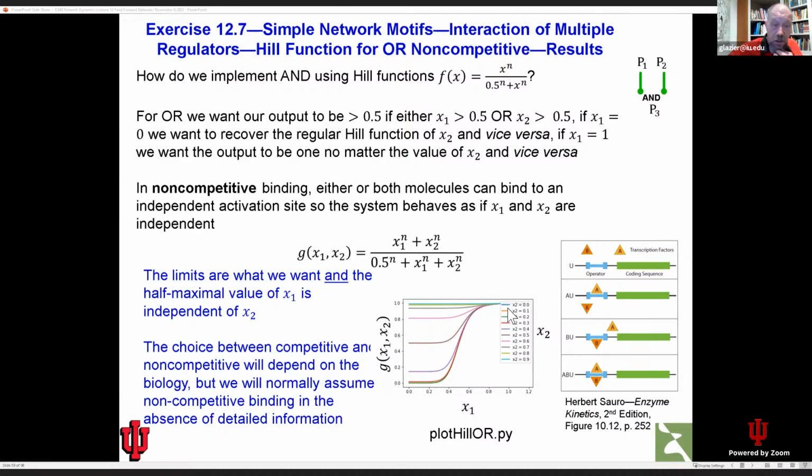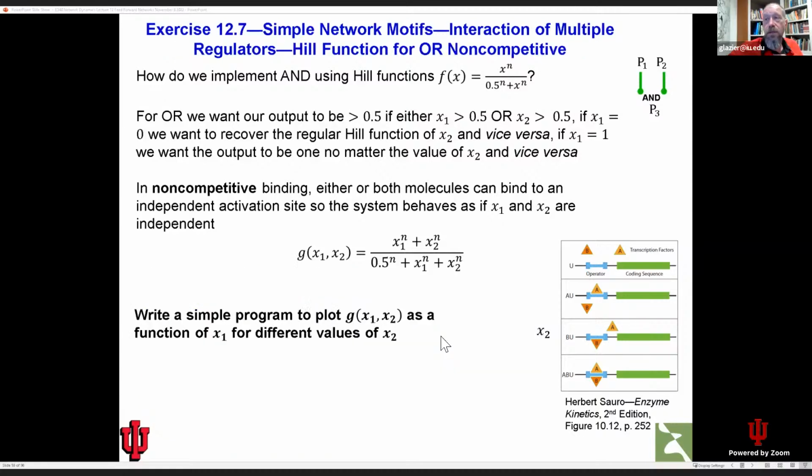The maximum value is always 1. But the minimal value now gets shifted. In this case, the value at 0, for small values of x1, depends on x2 and gets shifted up. For large values of x1, I always get the same thing.